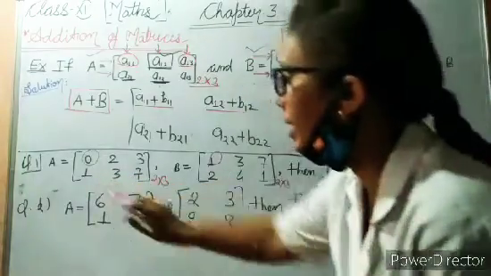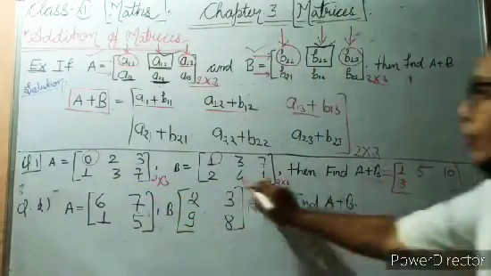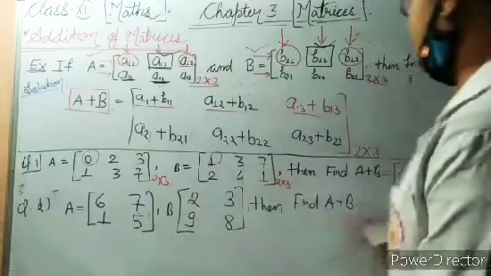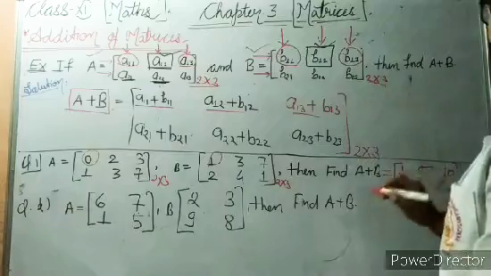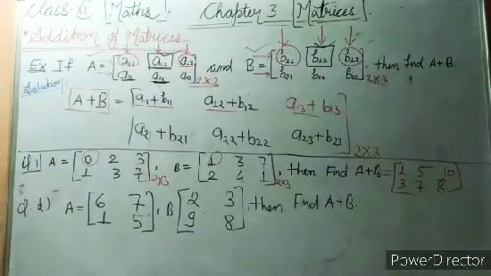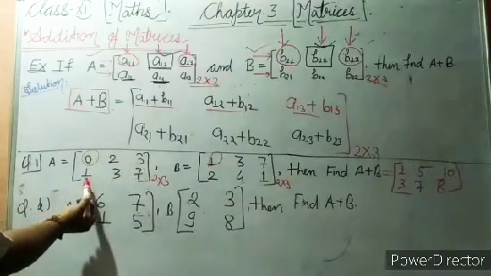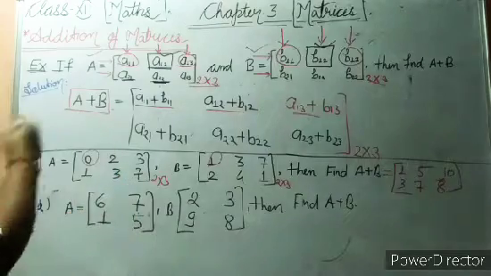And 2 plus 1, that means 3, 4 plus 7, that means 11, and 7 plus 1, that means 8. So I hope you find your answer.